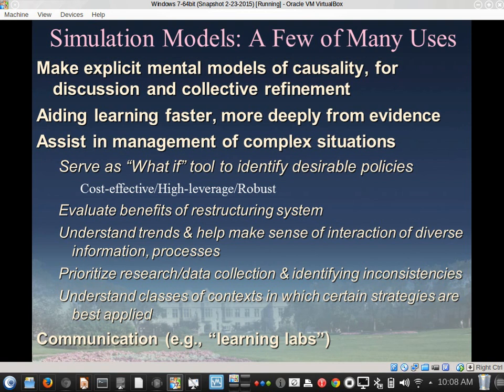And they can help us understand contexts in which certain strategies are best applied. Can we take that intervention aimed at early childhood dental efforts within LA? It doesn't make sense to translate that in its existing form into a rural context. What might it need to be adapted?